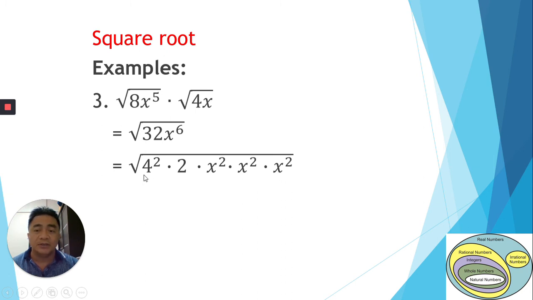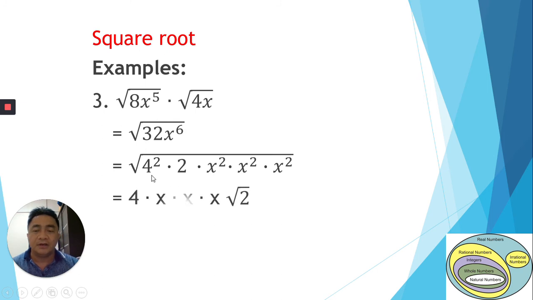For this one, you will see that we have power 2, power 2, power 2, and power 2. It will be extracted out of the radical sign. And only this that doesn't contain power 2 will remain inside the radical.